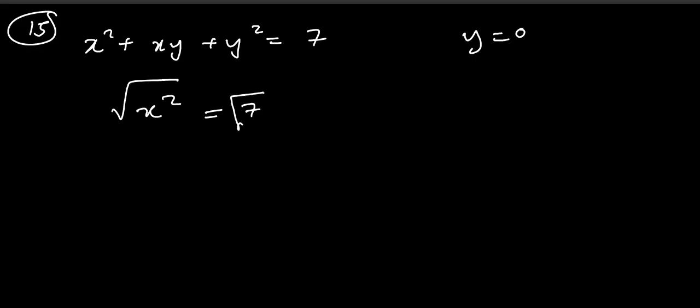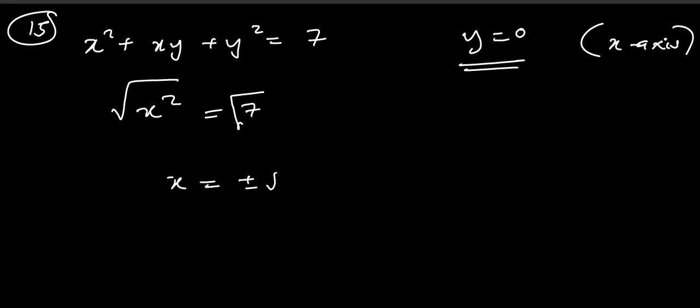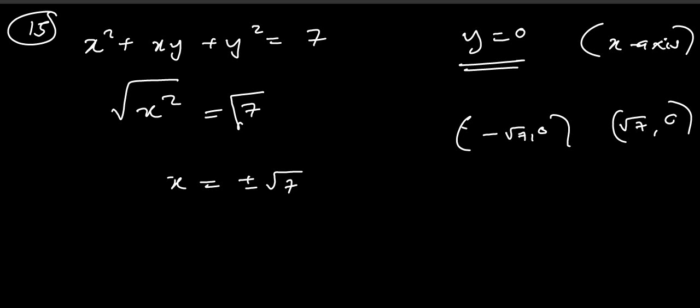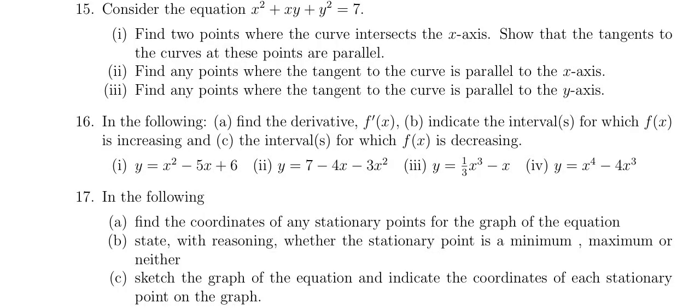We find the square root, meaning x is equal to plus or minus the root of 7, so we have root 7 comma 0, and negative root 7 comma 0. These are the 2 points that we need to find, point A and point B. That is the first part here.